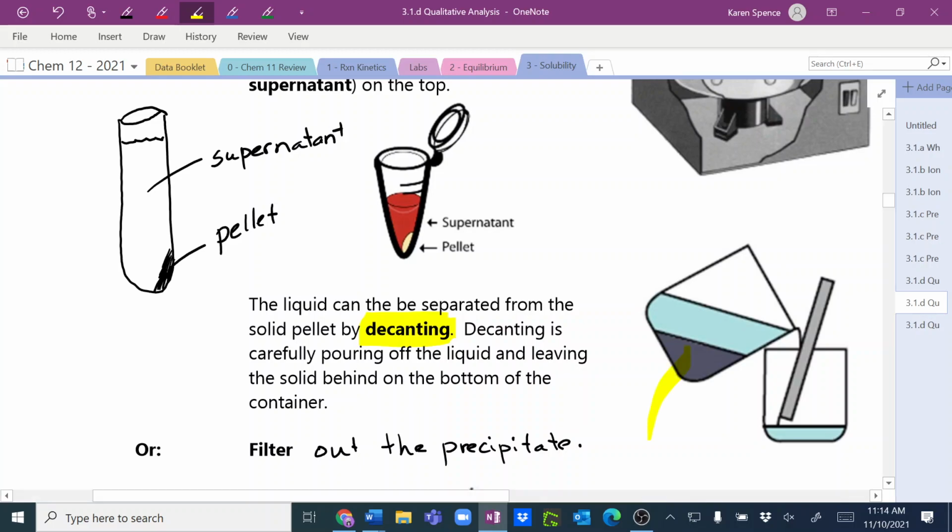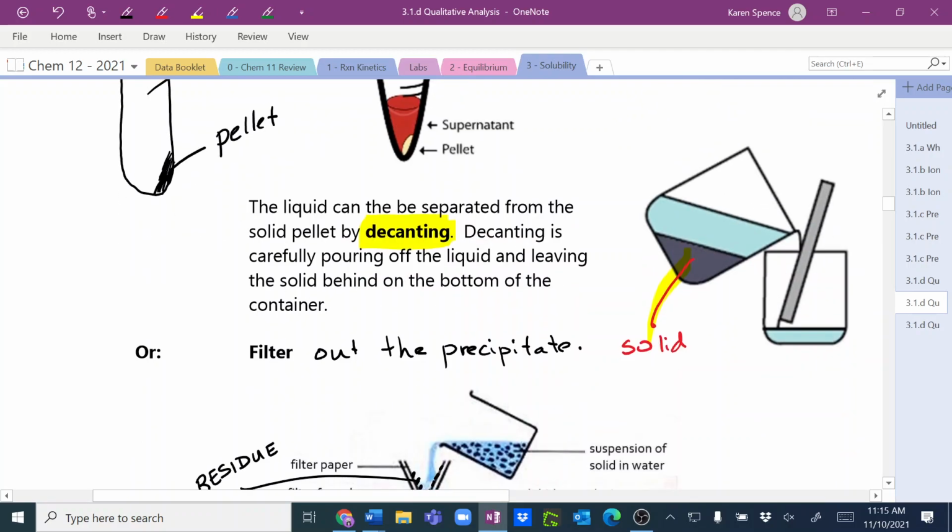We're going to have the solid, which is going to stay behind, and we're going to pour the liquid off.